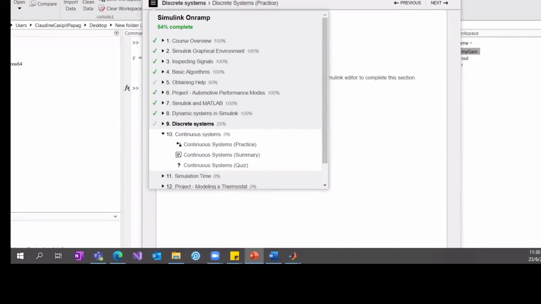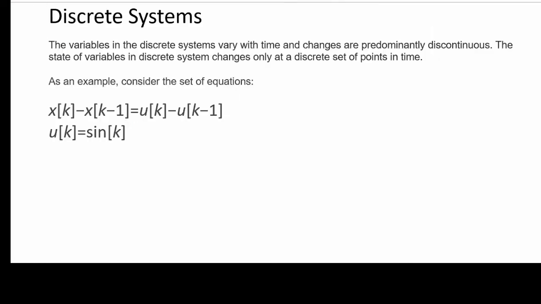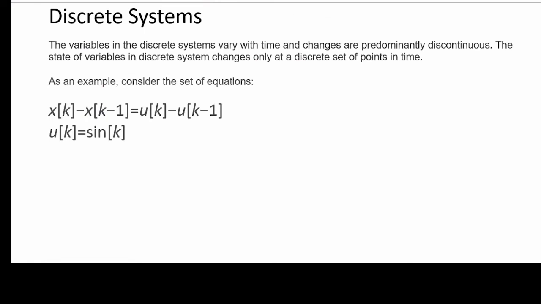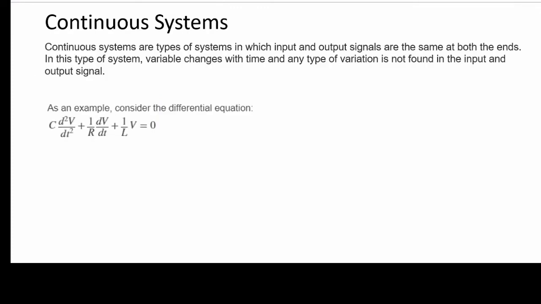So for that, let's open the presentation first. So this is just the discrete one. You already heard about this, how you could use the unit delay. So the next one is the continuous system.